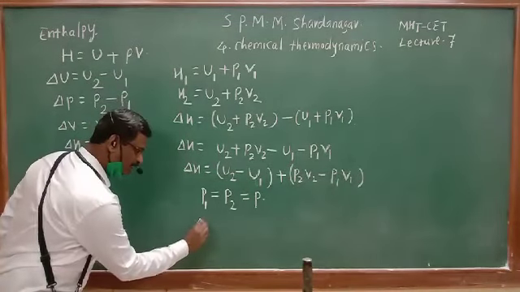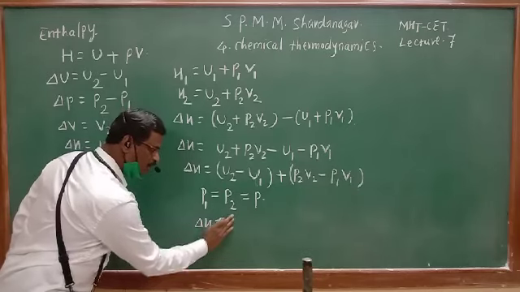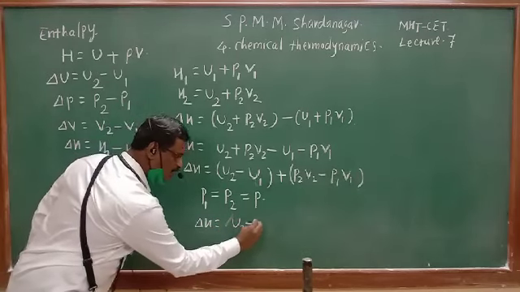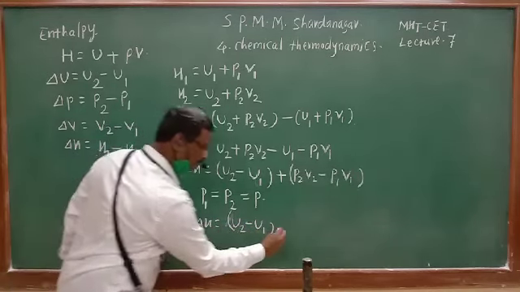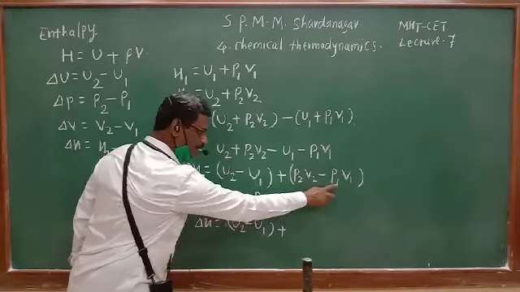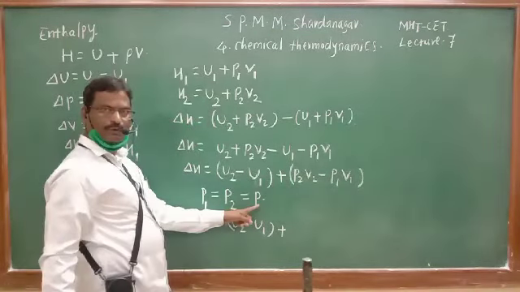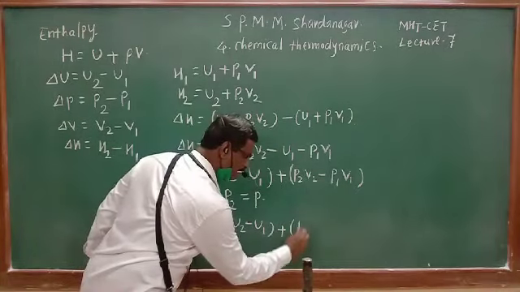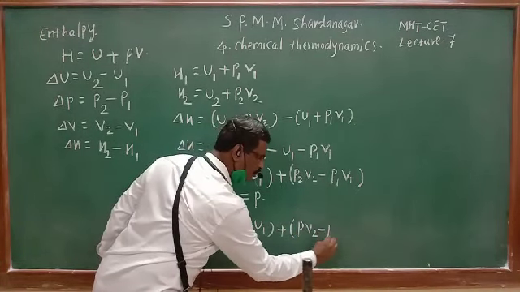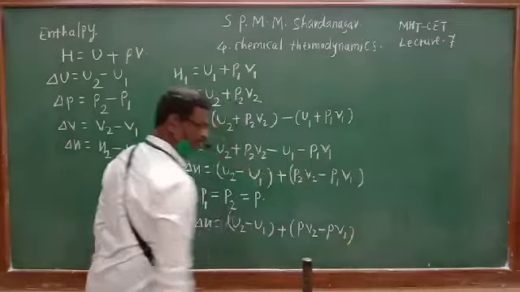It is delta H is equal to U2 minus U1, then plus P2 and P1 are replaced by now P. So in another bracket, this is PV2 minus PV1.